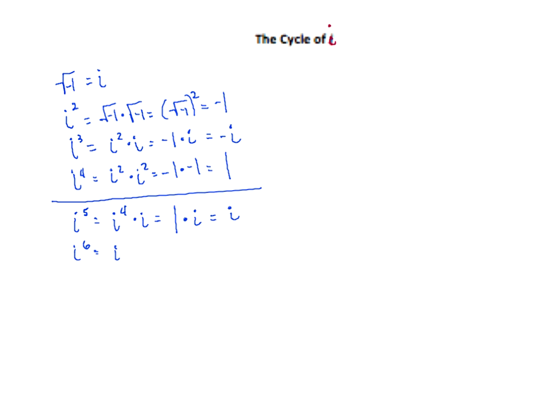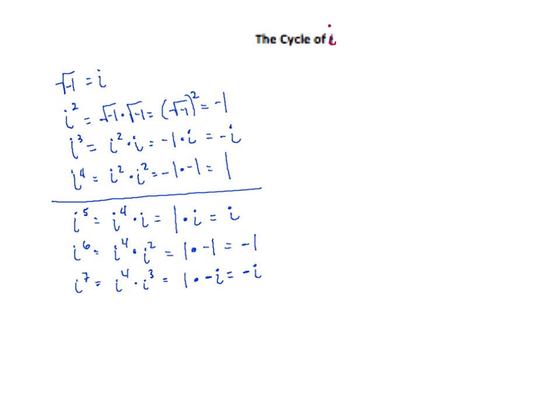i to the sixth is i to the fourth times i squared. i to the fourth is 1, i squared is -1. 1 times -1 is -1. i to the seventh is i to the fourth times i cubed. i to the fourth is 1, i cubed is -i.